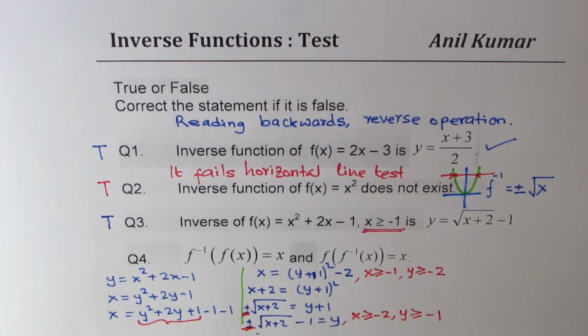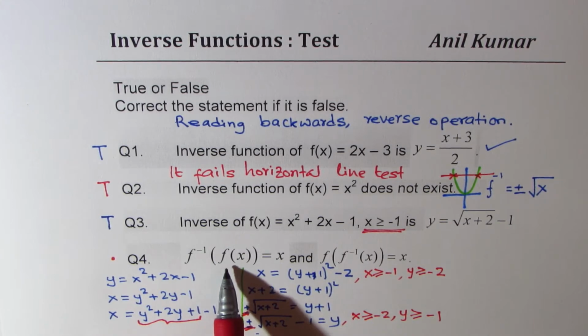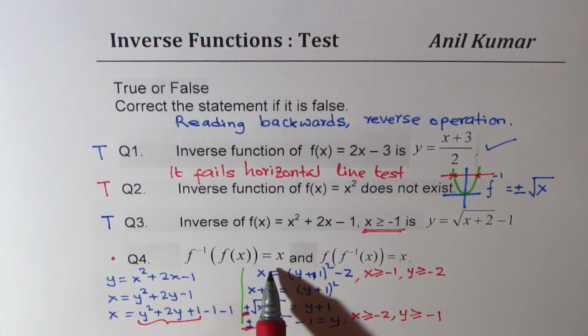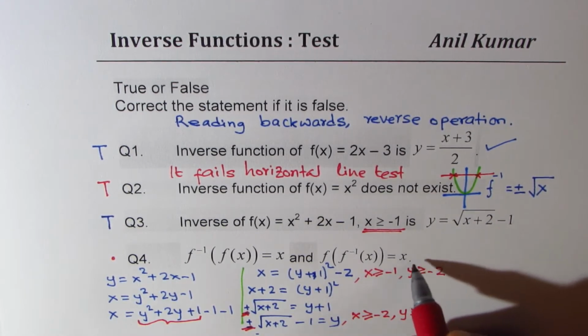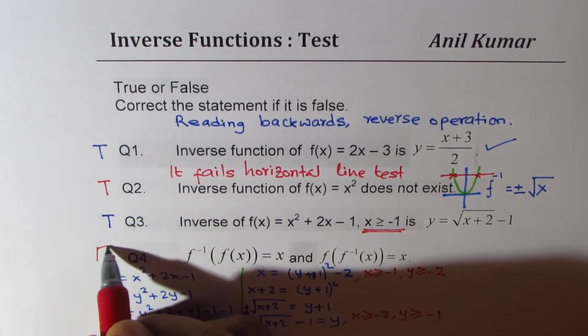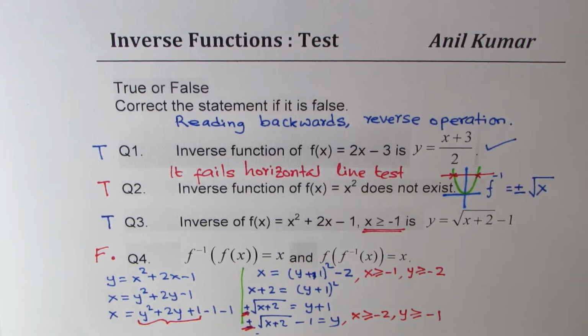Now let's look into question number 4. It says inverse of the function itself, f inverse of f of x, is x, and f of f inverse x is also x. Now this statement is not always true. So we'll say this is false. Now I'd like you to provide the reason for it or a restriction.